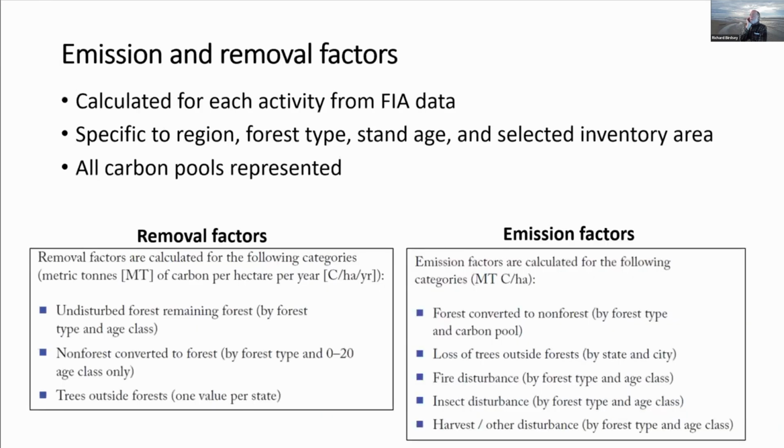The emission and removals factors are calculated for each of those activities based on the national FIA data. The factors are specific to region, forest type, stand age, and the selected inventory area. And we represent all of the carbon pools, that is above ground biomass, below ground biomass, litter, soil, and coarse woody debris.